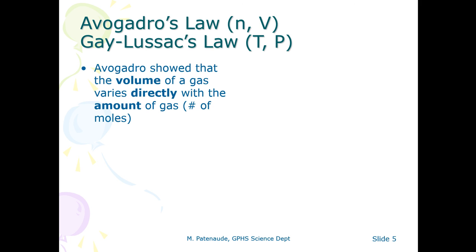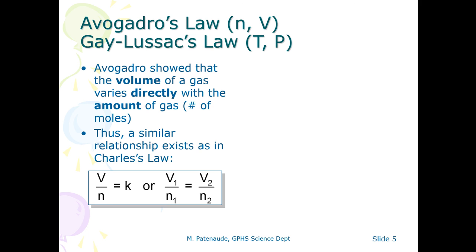So moles and volume must fall into a direct proportion, which means a graph of moles and volume would give me a straight line graph. Mathematically, then, volume divided by moles is going to be constant, and V1 over N1 will equal V2 over N2, since V equals K times N in that situation. Pressure and temperature are held constant when you're investigating Avogadro's relationship.